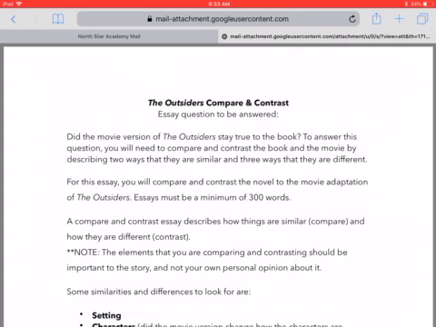To answer this question, you'll need to compare and contrast the book and the movie by describing 3 ways that they're similar and 3 ways that they're different. Okay, so in your introduction, you will state, the movie version of The Outsiders stays true to the book, and you'll answer because maybe the events in the film were the same as the events in the book, or if they were different from one another, you'll explain.